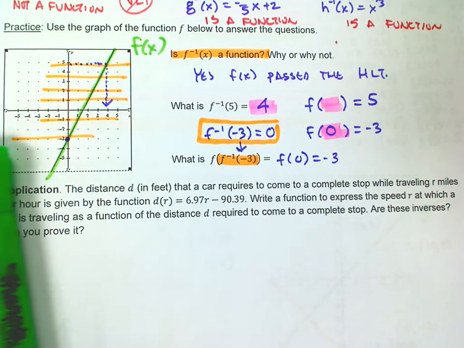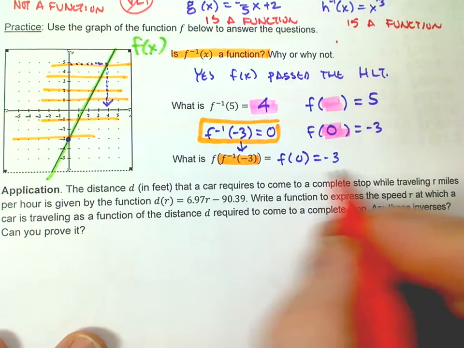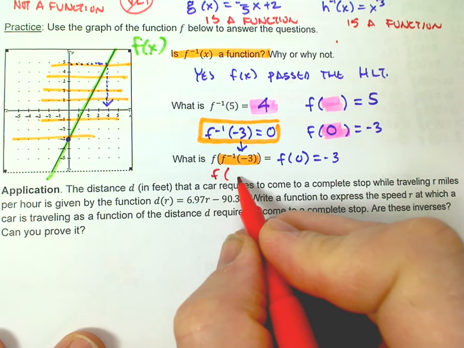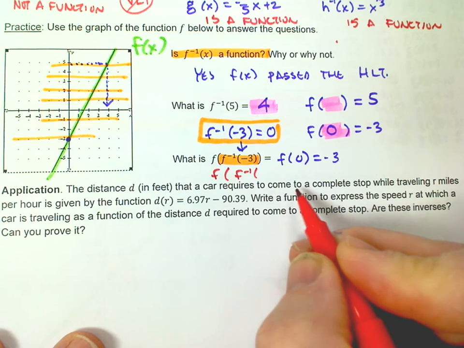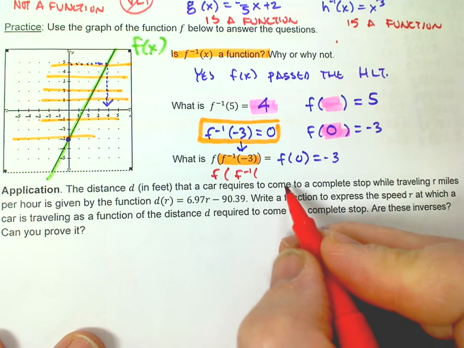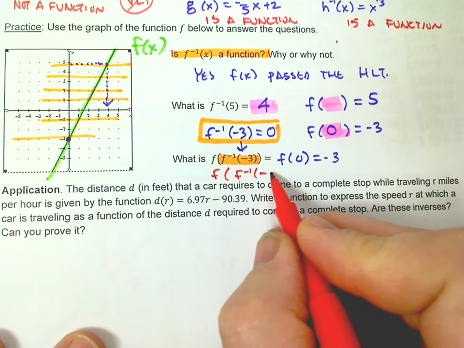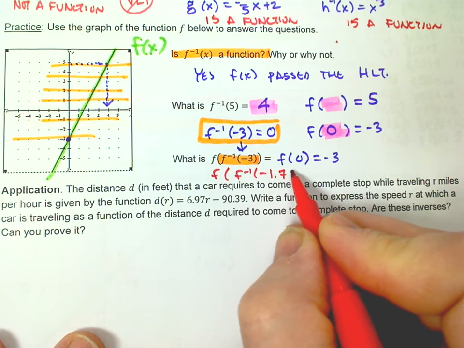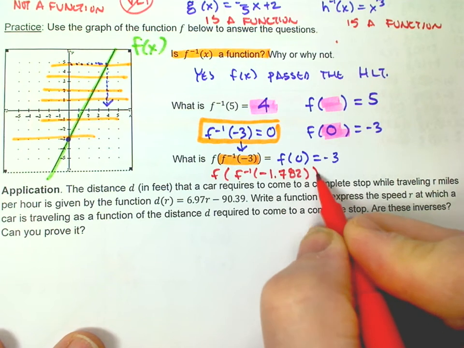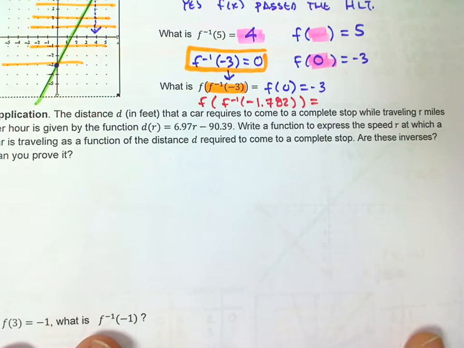How about this? If I do f of the inverse of, let's say, -1.782, what's that going to give me? Anybody know?